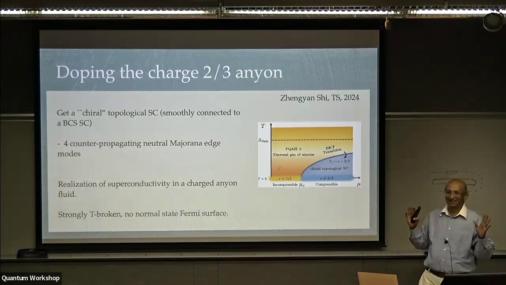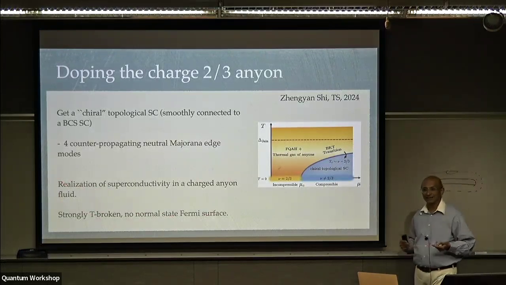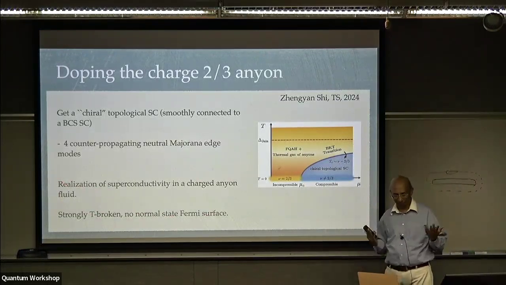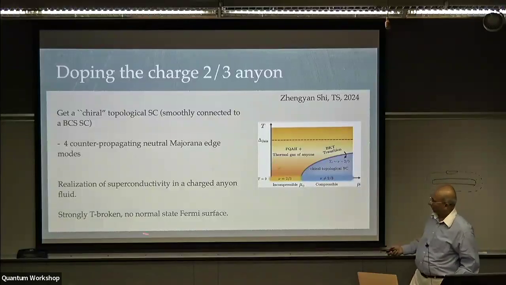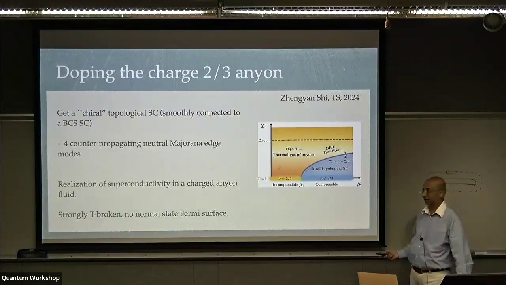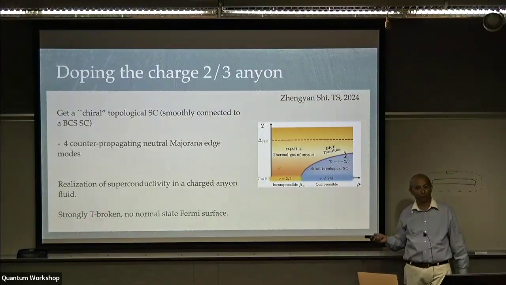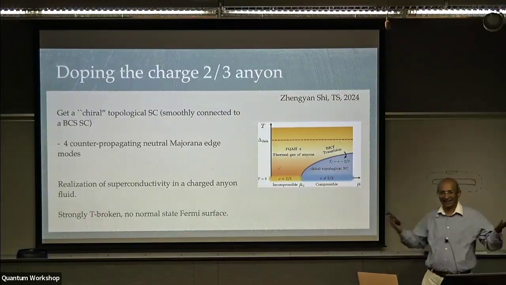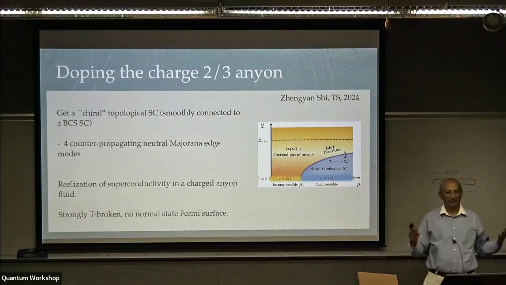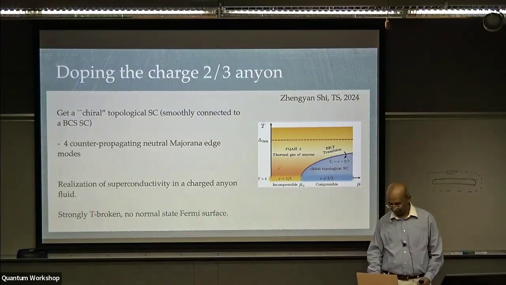The only mildly unconventional feature is that it's a topological superconductor in the sense of having Majorana edge modes, right? But that we know can be described within BCS. What's different is the microscopic origin of the superconductor. The normal state has no Fermi surface. It's strongly time-reversal broken, right? So it's arising through some weird route, but otherwise it's not any different from the standard superconductor.